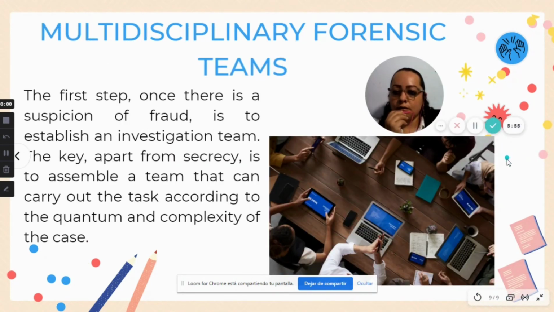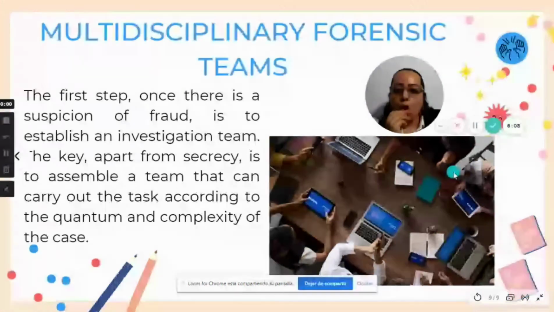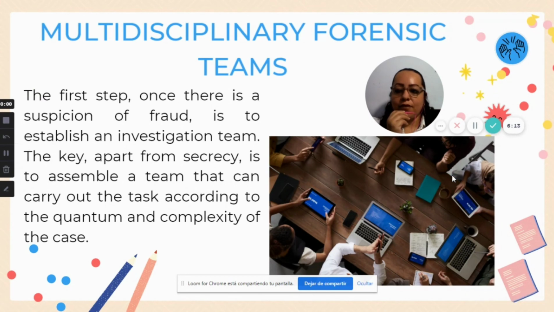Multidisciplinary forensic teams. The work teams must establish the facts to be able to reconstruct, document, and support them before whoever takes over the investigation and its eventual presentation before a competent judge. It is very important to maintain the chain of custody of the original documents to keep the evidence intact.